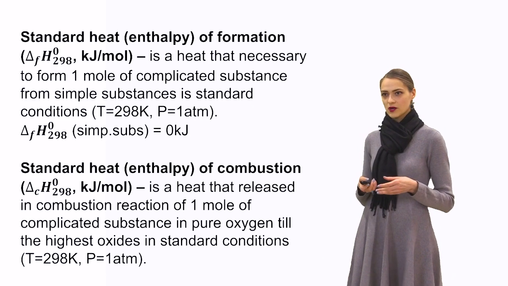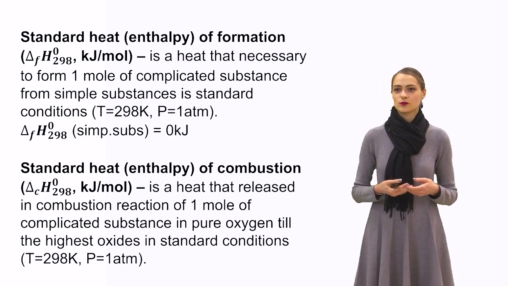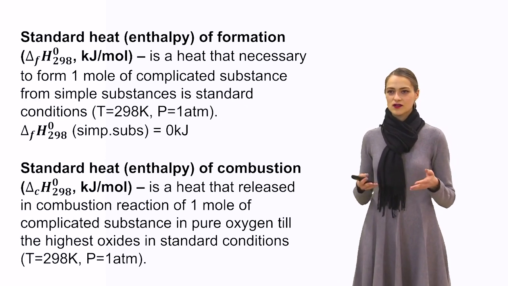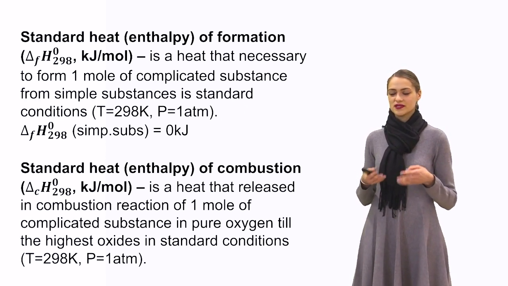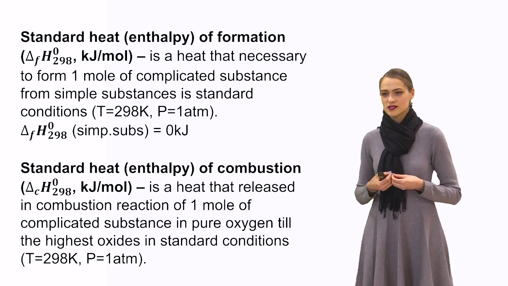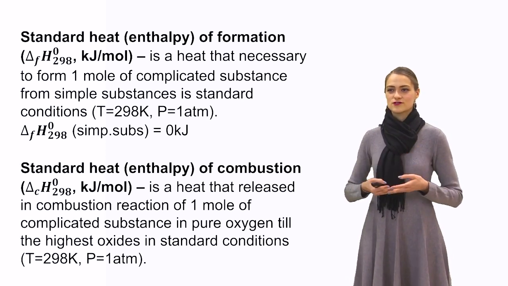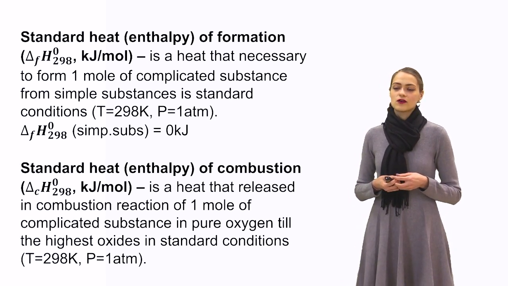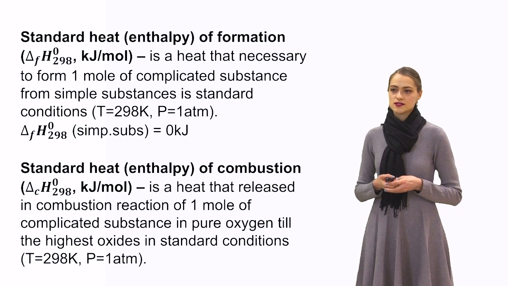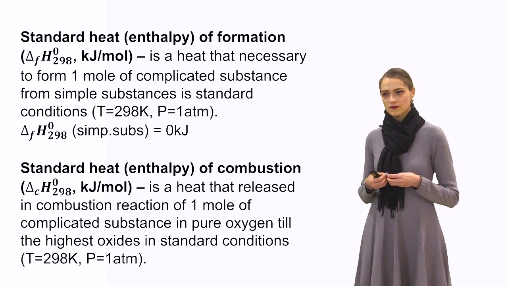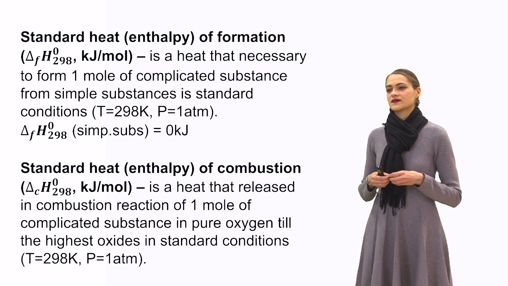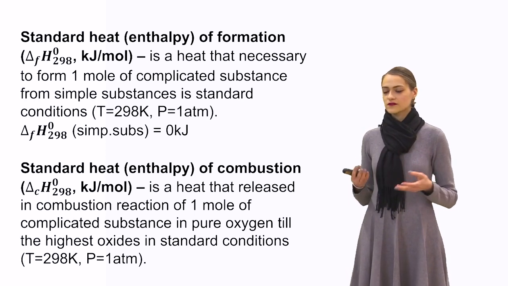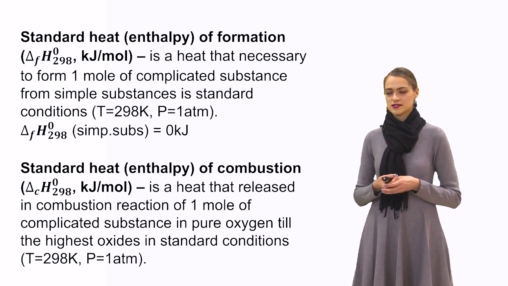For example, for carbon, we have graphene, graphite, diamond, and what we exactly mean here is which allotropic form we use to write the reaction for standard heat of formation. For standard conditions, we use the form which is the most energetically favorable for this substance.